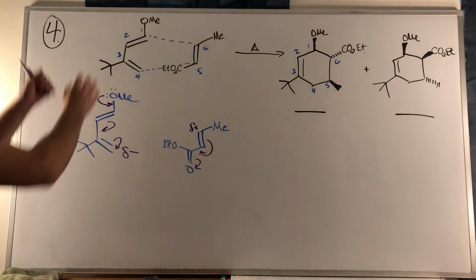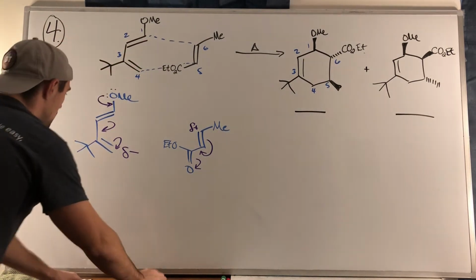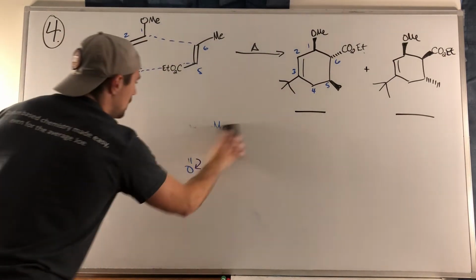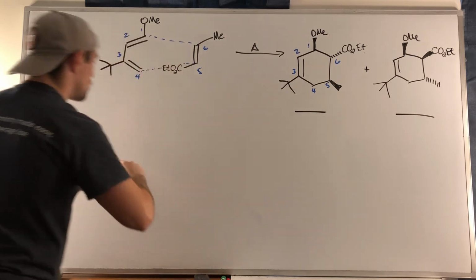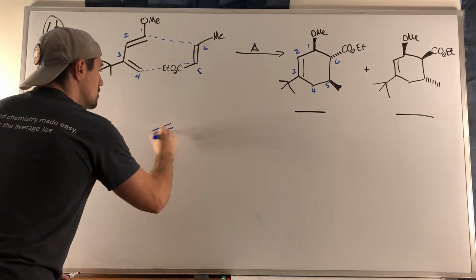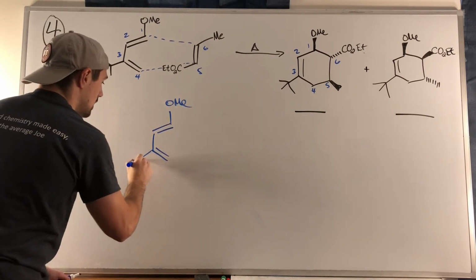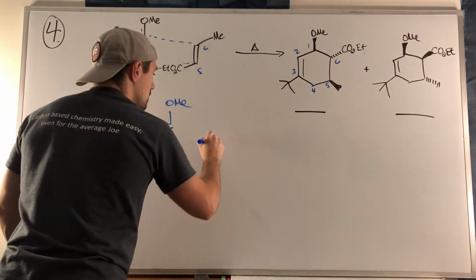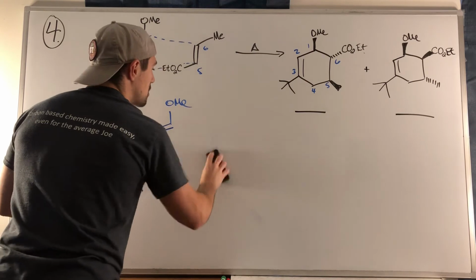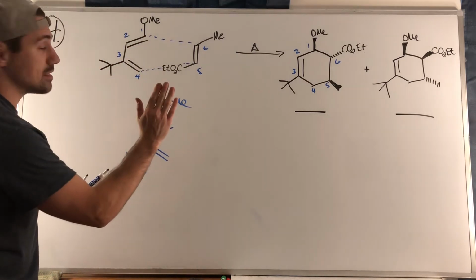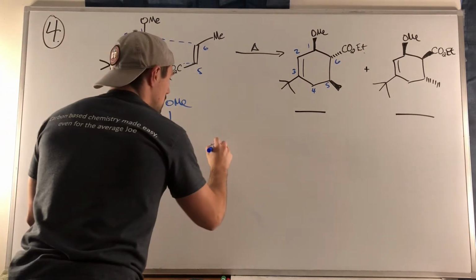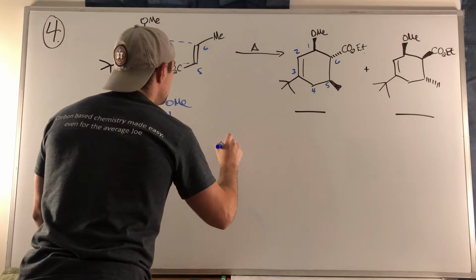So in fact, this is not how we align up top. We need to flip one piece to make sure our charges align. So this looks like this. Whoop. So I'm just going to flip my dienophile like a pancake, or just flip it vertically.